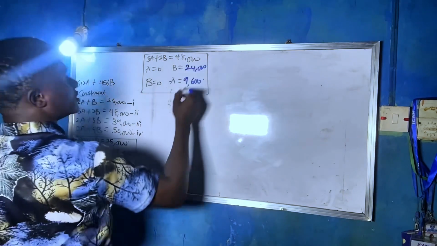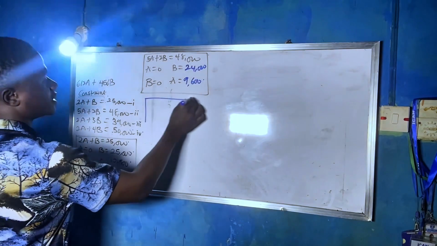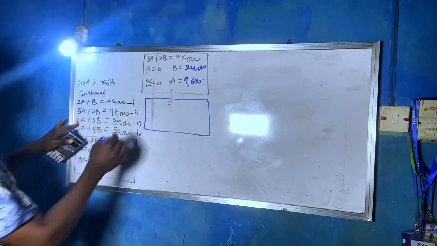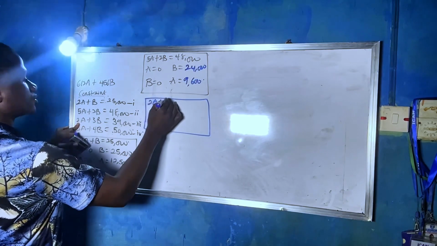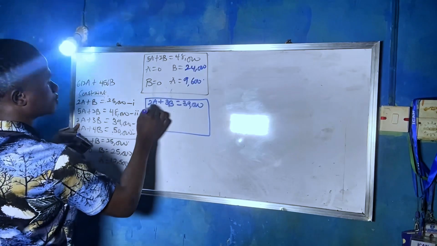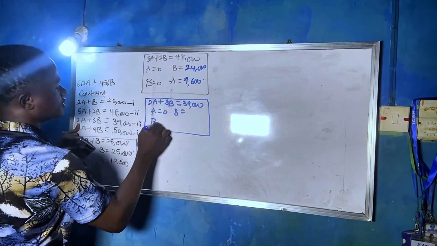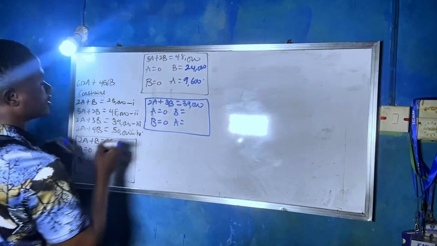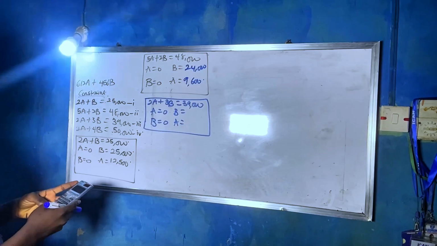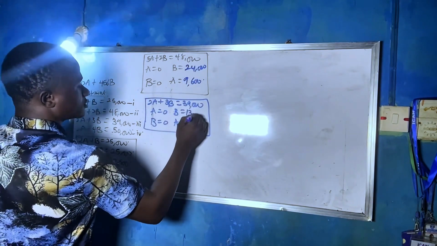Now for equation 3, let's do something similar. Equation 3 is 2A plus 3B equals 39,000. So if A is equal to 0, what is my B? And if B is equal to 0, what is my A? Now if A equals 0, then 39,000 divided by 3 will give me the value of B, and that's 13,000.